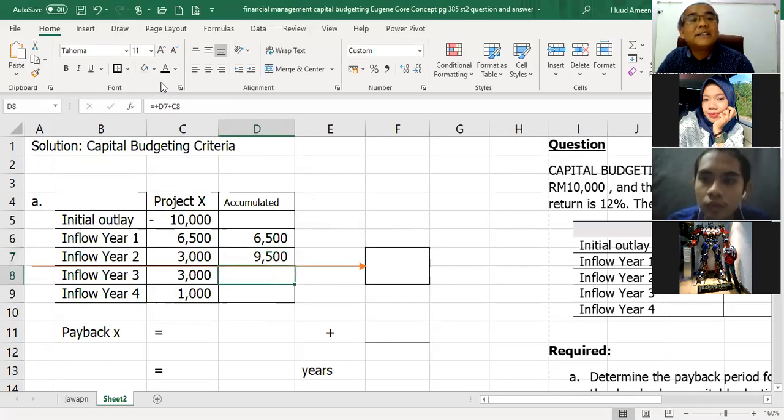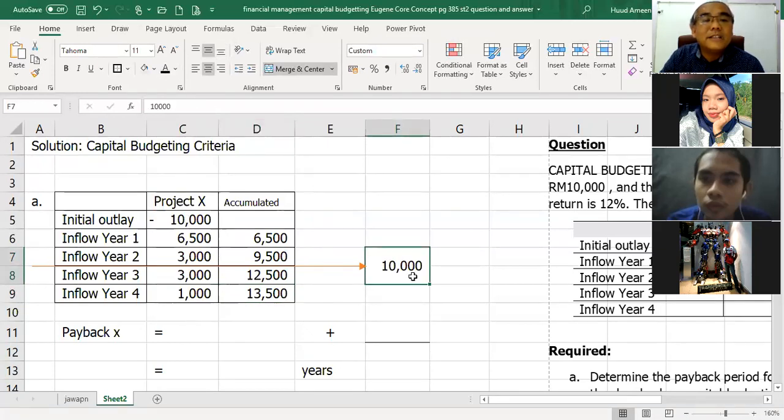Year 3 you can get 10,500, and year 4 accumulated 10,500 plus 3,000 you get 12,500. Then adding the last figure you get 13,500. So 10,000 is the figure equivalent to the initial investment.